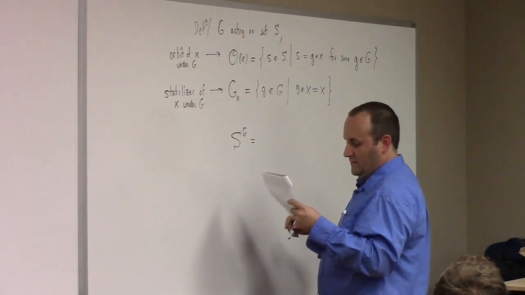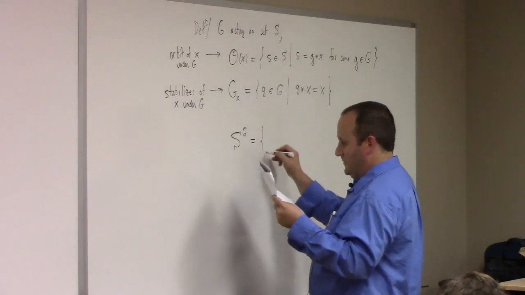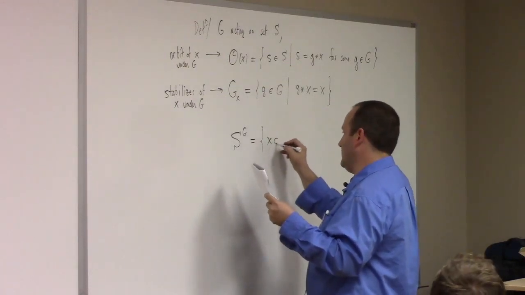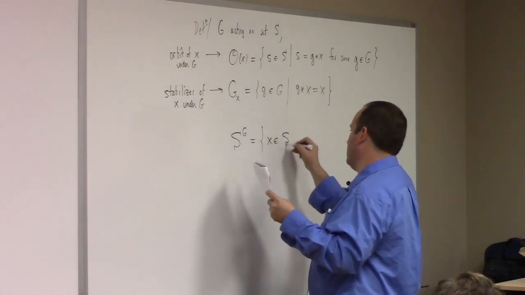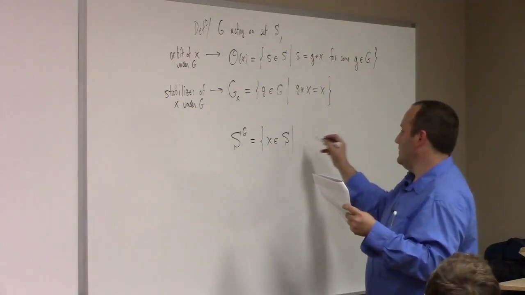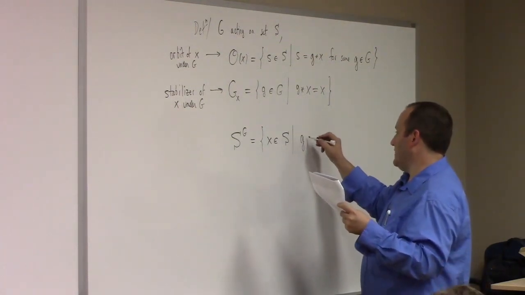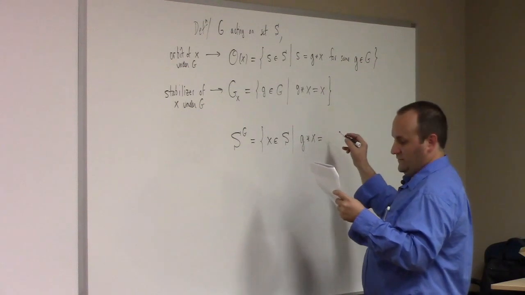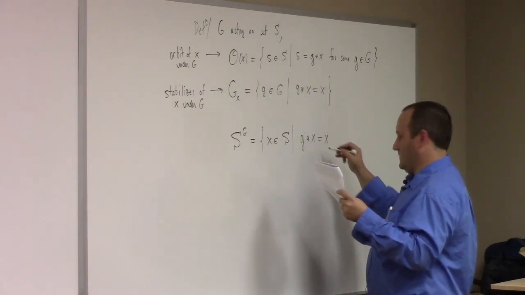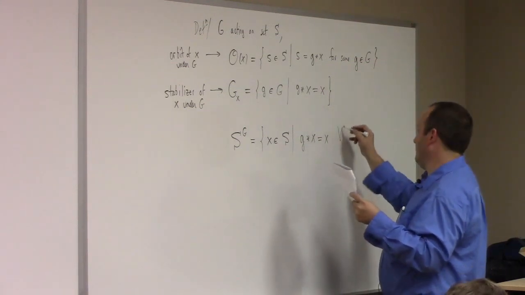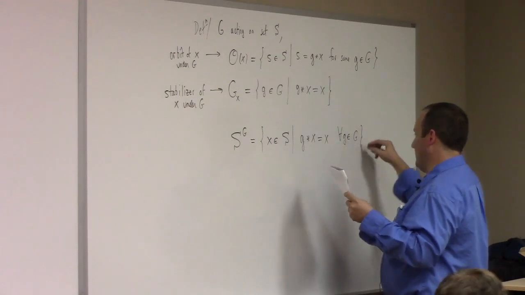I'm not sure about this notation, but this is what I'm going to write for now. So {x in S such that g * x = x for all g in G}.